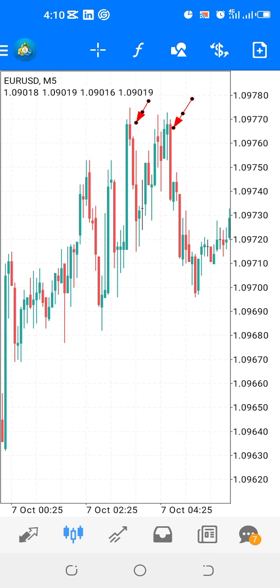It is a reversal pattern after an extended move. So it indicates that the buying pressure is just about to finish.